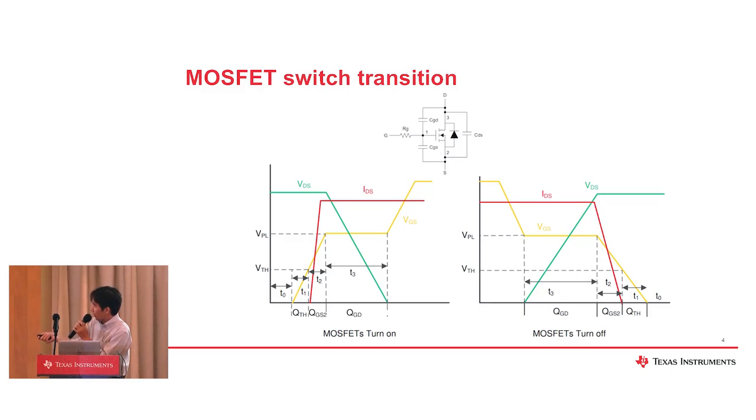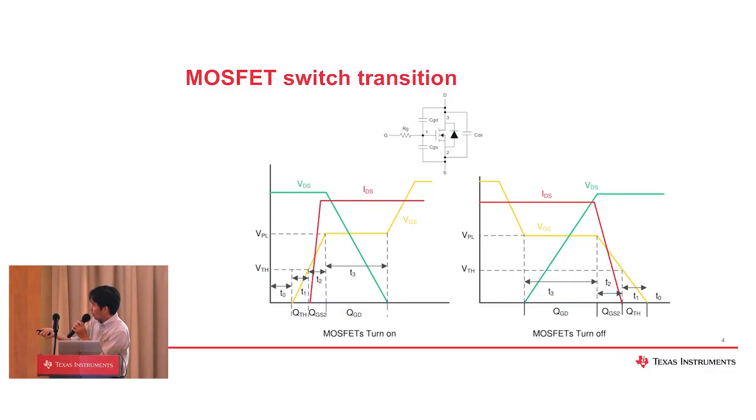So by the end of T2, when the VGS reaches the V plateau value, the IDS reaches its maximum value and the VDS starts to decrease here.